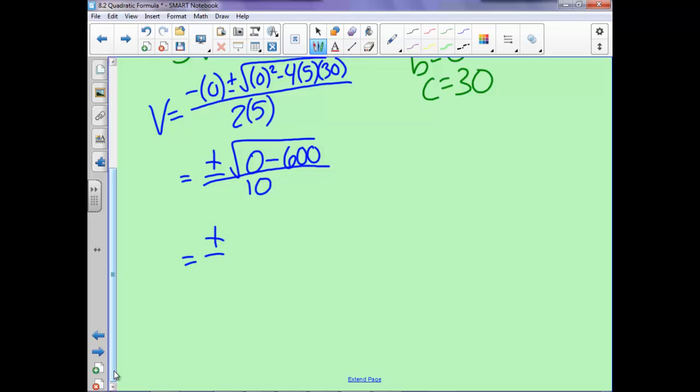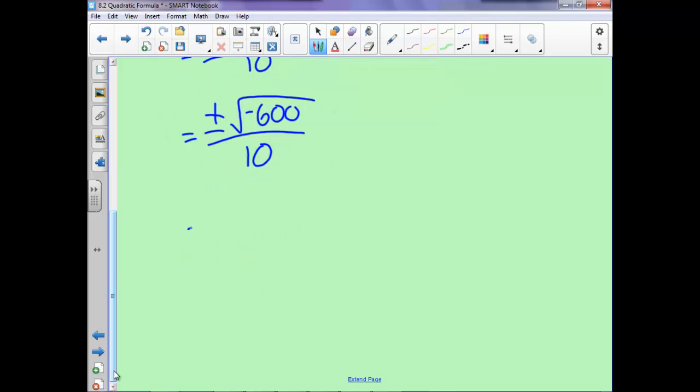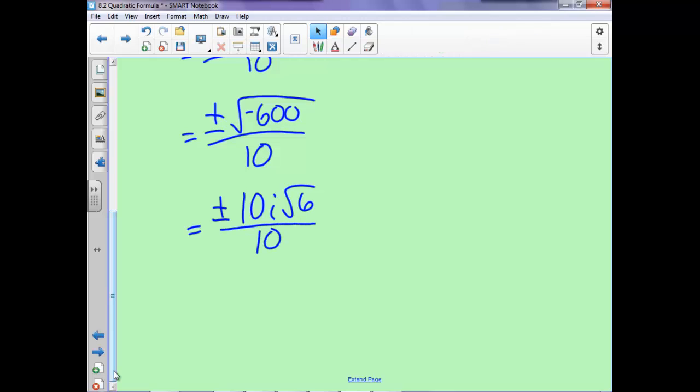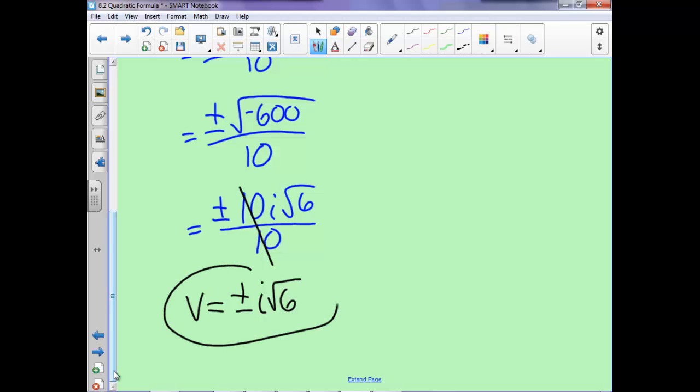So we're left with plus or minus square root of negative 600 over 10, which is plus or minus 10i root 6 over 10. The 10s can cancel. We're left with plus or minus i root 6. And that is the quadratic formula.